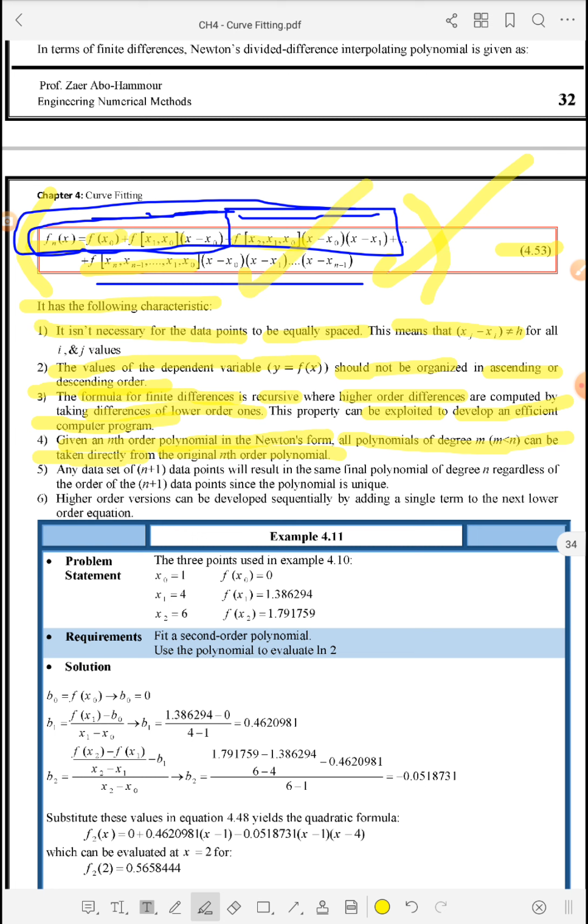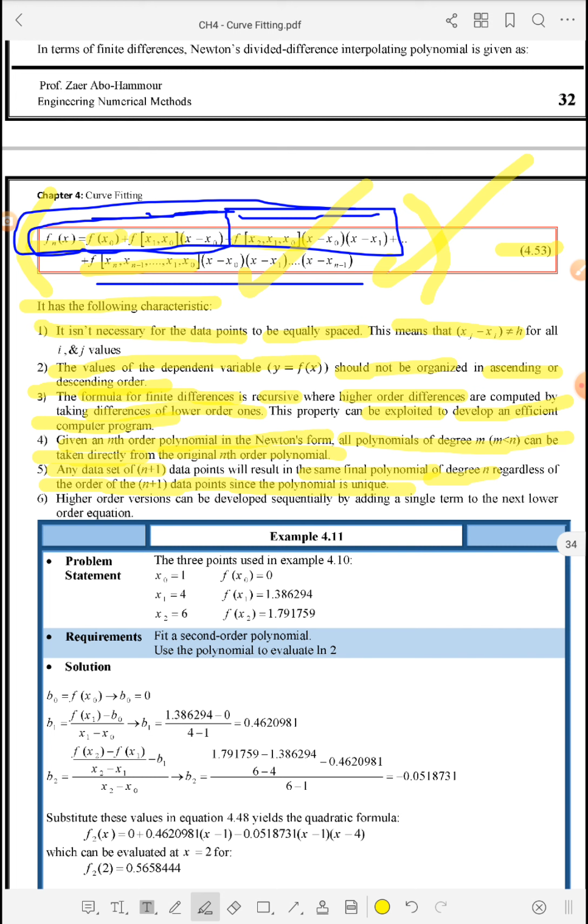Okay, and if we have any n+1 data points and we want to generate an nth order polynomial, this final polynomial of degree n will be unique regardless of the order of the data points, since I mentioned that the polynomial is unique.